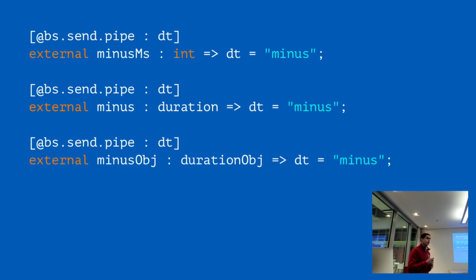Now notice that in OCaml, there's no method overloading. So you have to give the three different functions three different names, but they all map to the same JavaScript function. For the talk, we're only going to implement the last one because it's the one that we actually need for recreating the example we saw in the beginning.